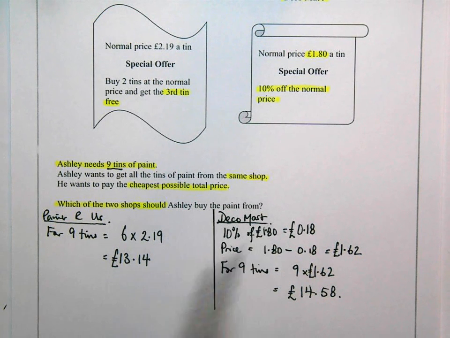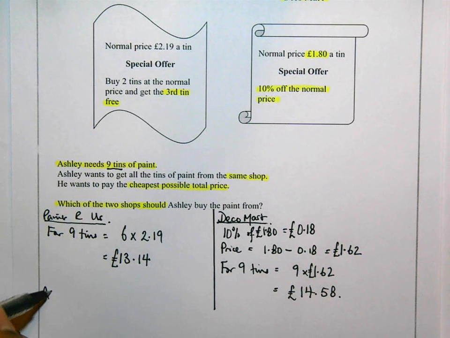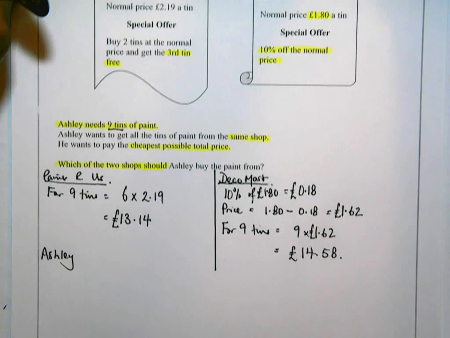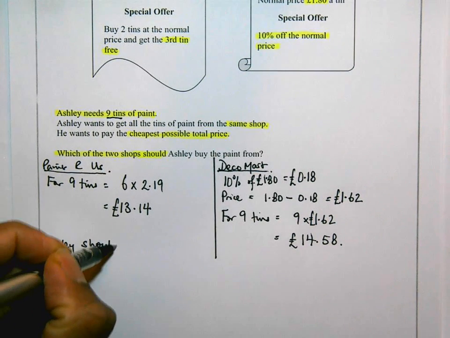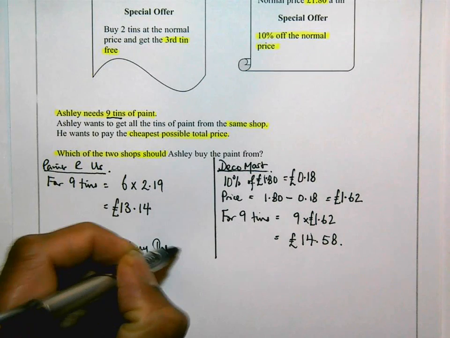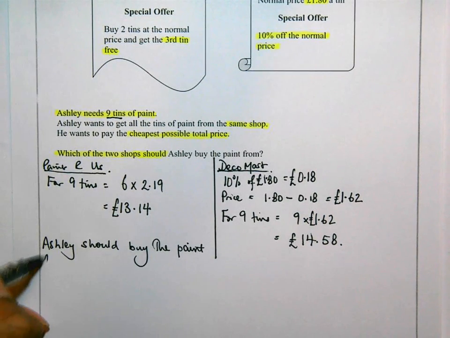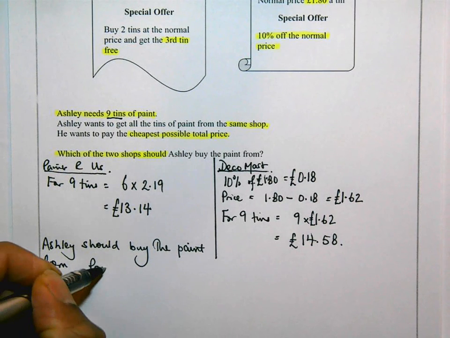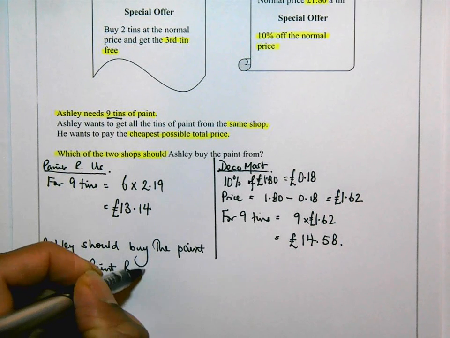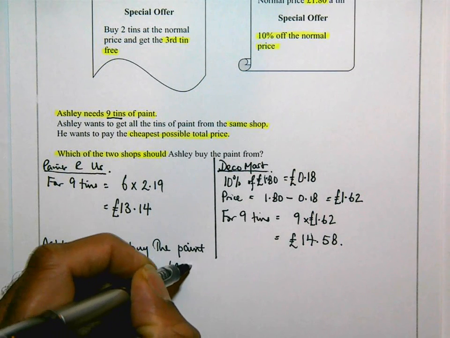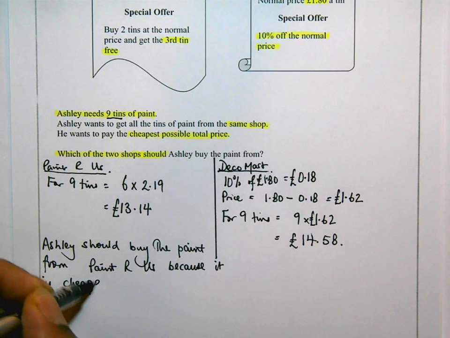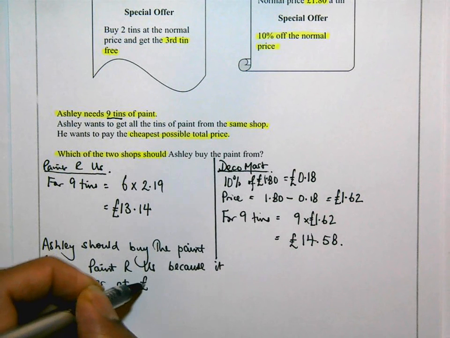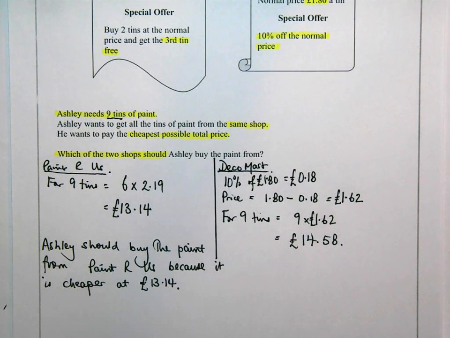So I'm going to put Ashley should buy the paint from Paint R Us because it is cheaper at £13.14. And that's enough for the final bit of that question.